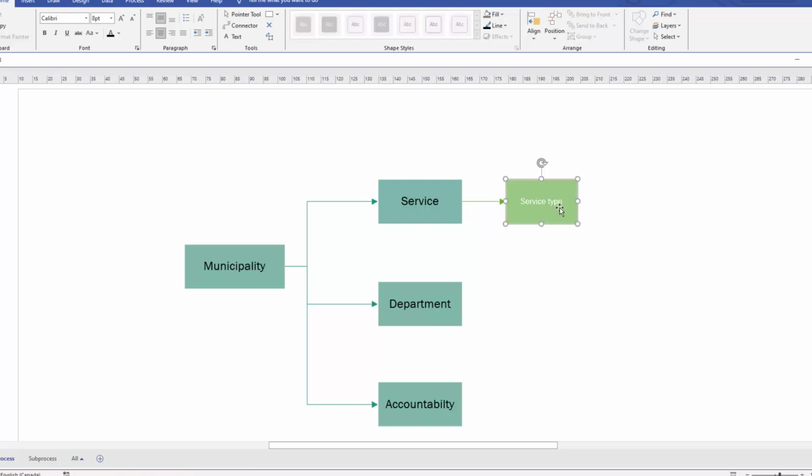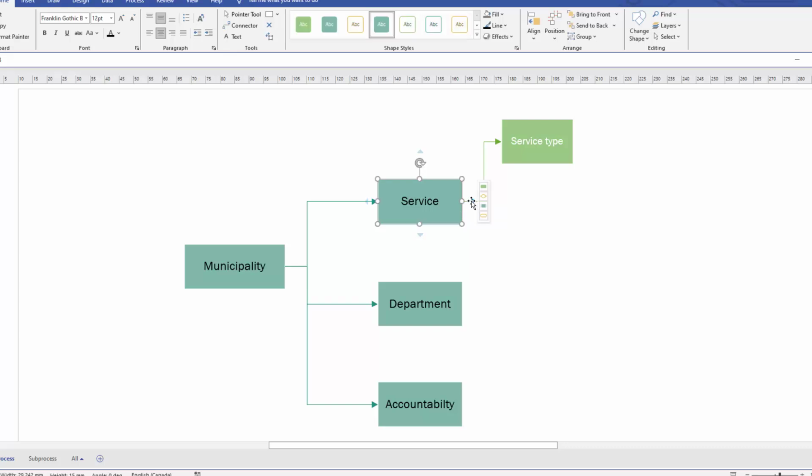There are also different entities that receive those services. And imagine there is a service related to citizens or service provided to businesses. So I need to understand service recipient. The other thing I may need to know about a service is funding source.